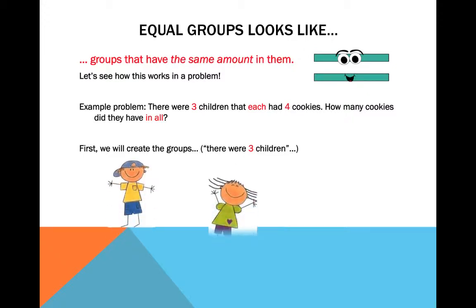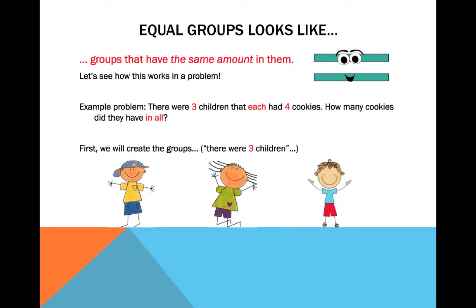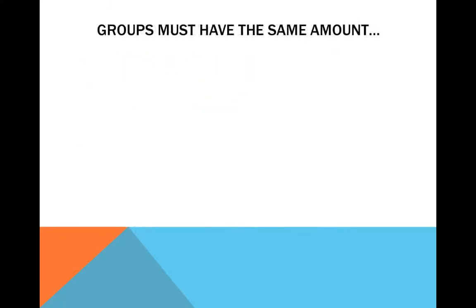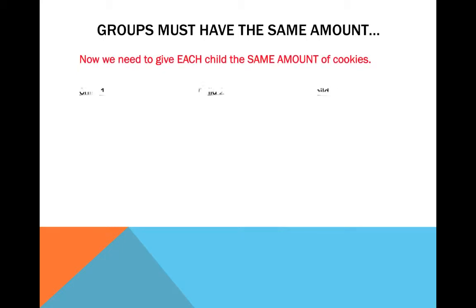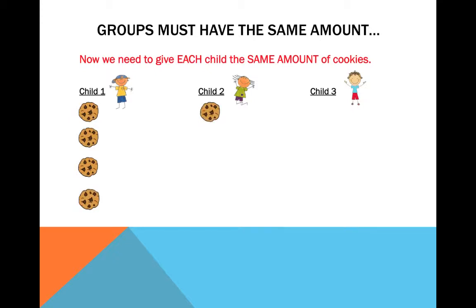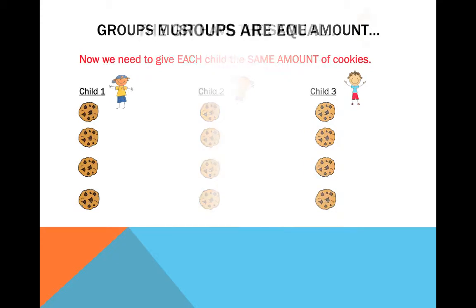There's child 1, child 2, and child 3. Next, the groups must have the same amount. So now we need to give each child the same amount of cookies. Child 1, child 2, and child 3 are all going to get 4 cookies. 1, 2, 3, 4, and 4 for child 3. Now they have equal groups.